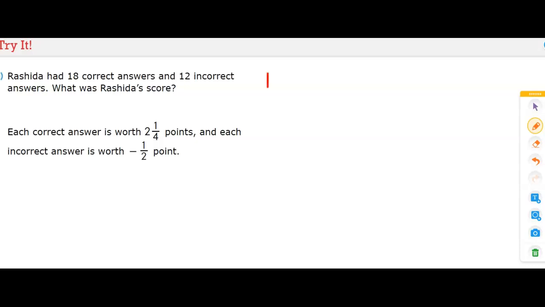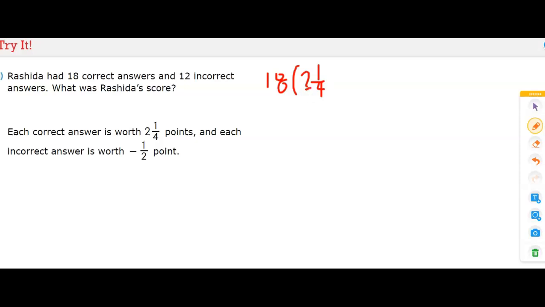So we're going to take 18, which is the number of correct answers, and we're going to multiply it by the 2 1/4 points for each of those. So by multiplying them, we would get the total points she gets for correct answers.